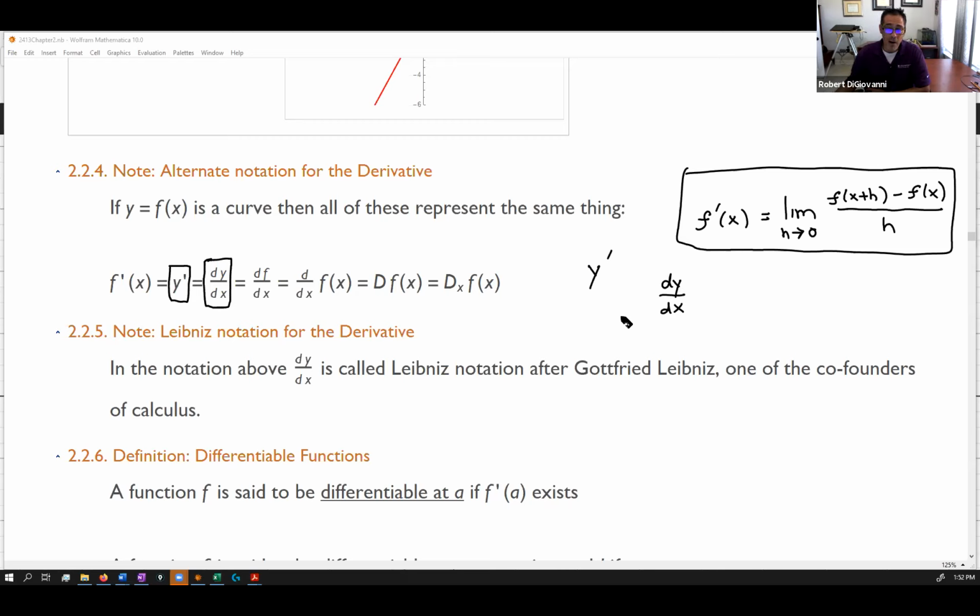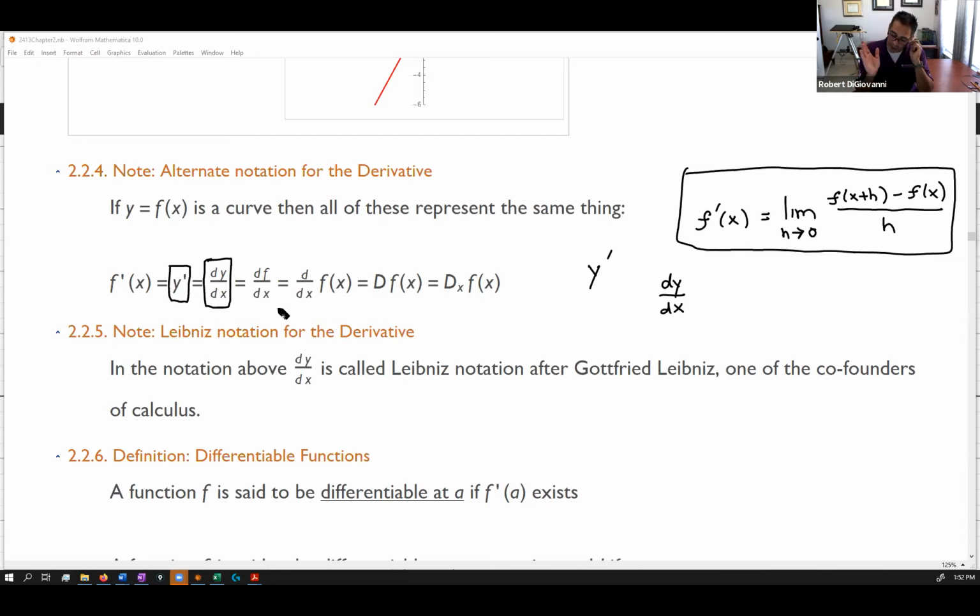Now, there's a reason why we have all these notations. First of all, calculus was discovered by two people. I told you this in the beginning of class. Isaac Newton and Gottfried Leibniz both developed calculus independently from one another around the same period in time. And it's debatable.